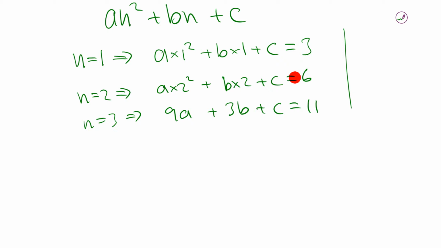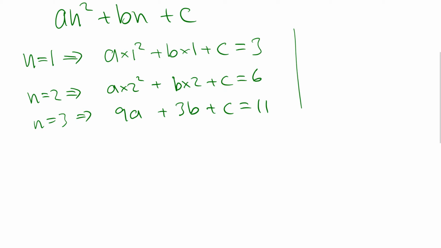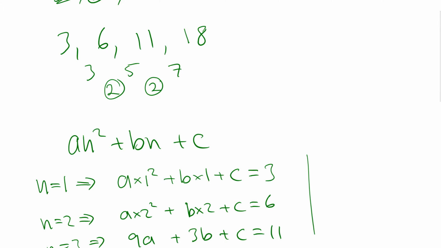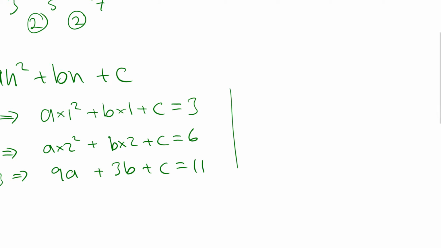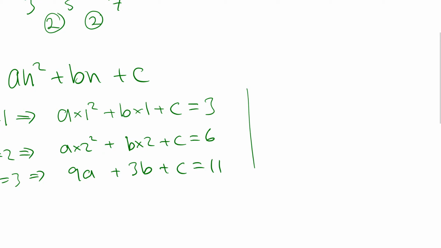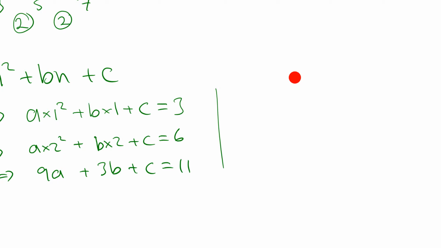What was the sequence again? 3, 6, 11, 18. Let's use these 3 equations and write them up a little bit better. The first one is a plus b plus c equals 3. Let's call that equation 1.